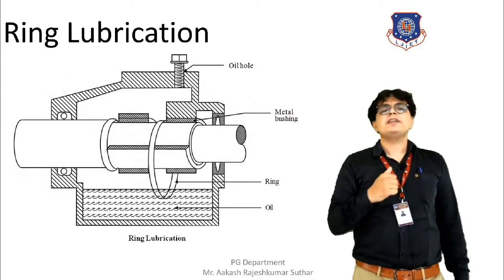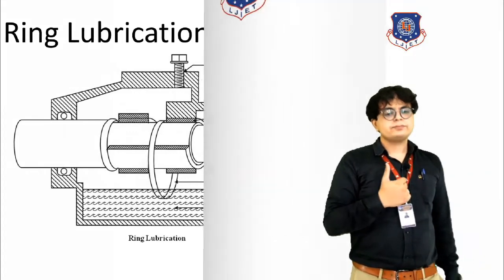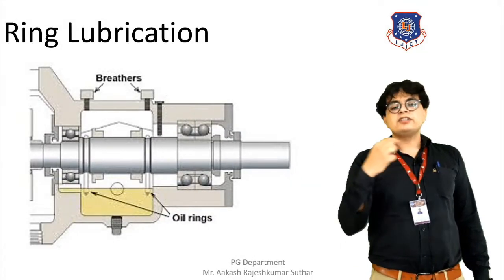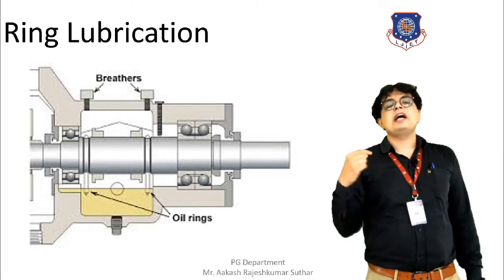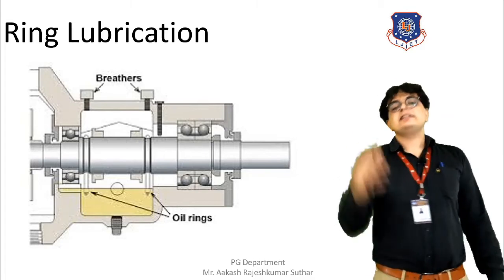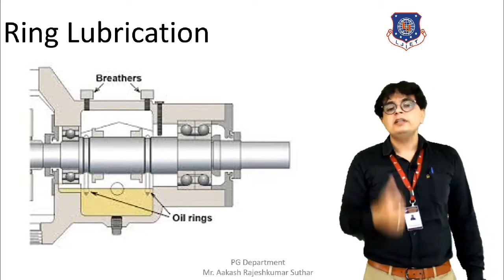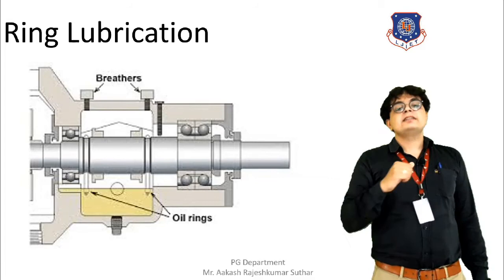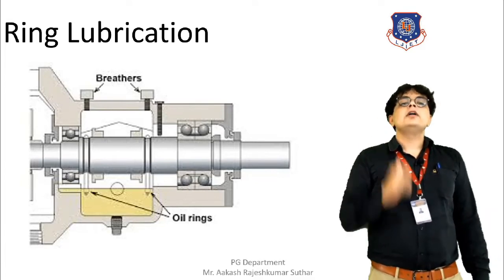We have another figure also. Let's see it. Here we have the horizontal member, that is a shaft, over which we have provided the ring that is immersed in the oil. Particularly in this figure, there are two rings immersed in the reservoir of the lubricant.